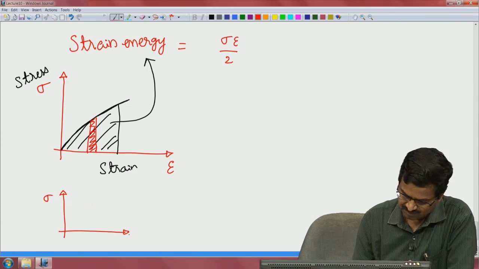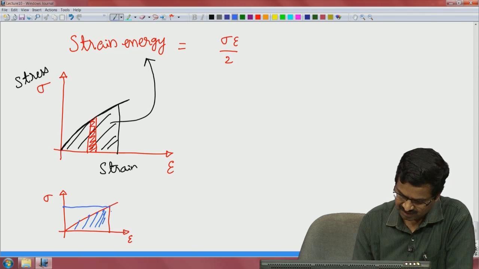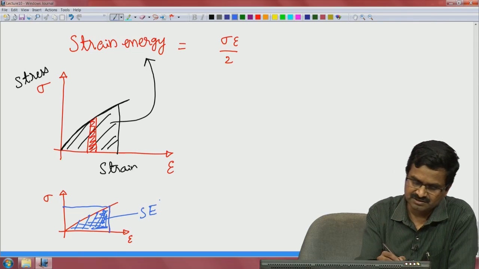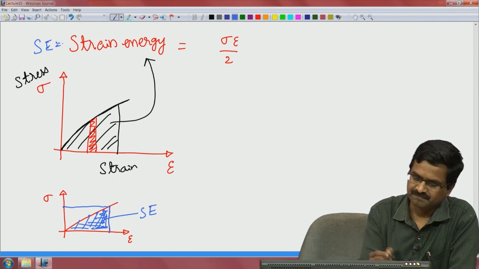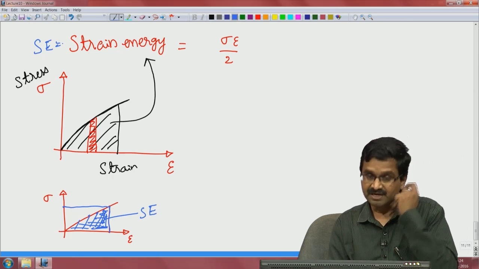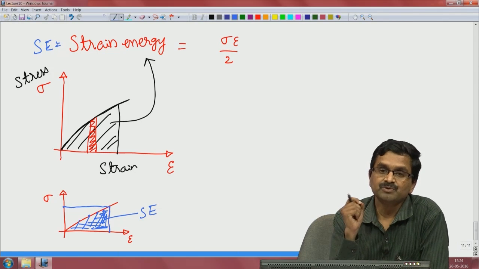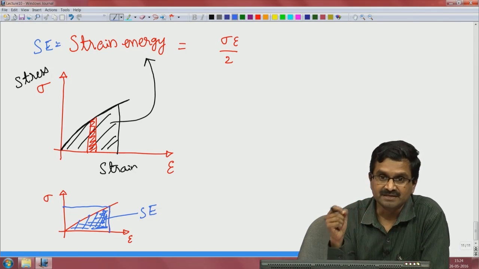I have sigma epsilon, if it is linear like that, the area under this anywhere is going to be whatever sigma is at that point, times whatever epsilon at that point, half of that. This is my strain energy, area under the curve, right. This is my strain energy, this is S E. But this is strain energy per unit volume, which we call strain energy density.